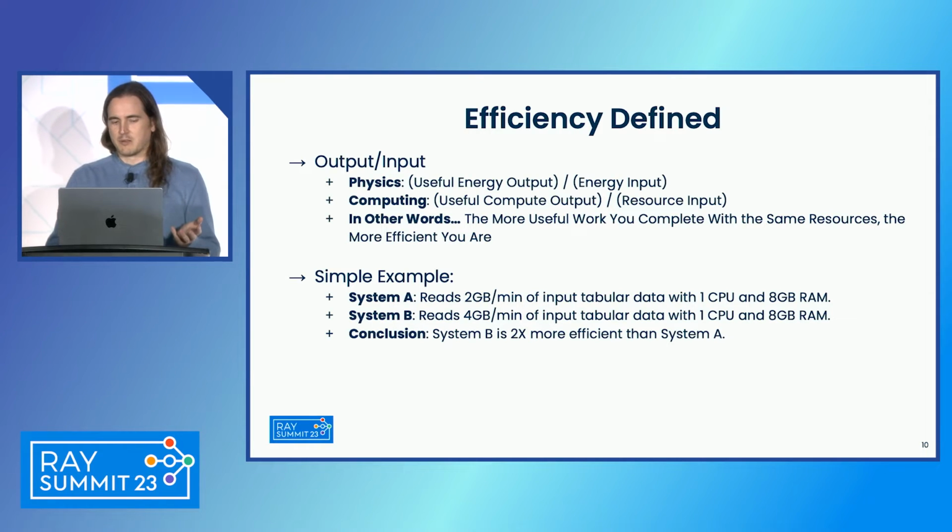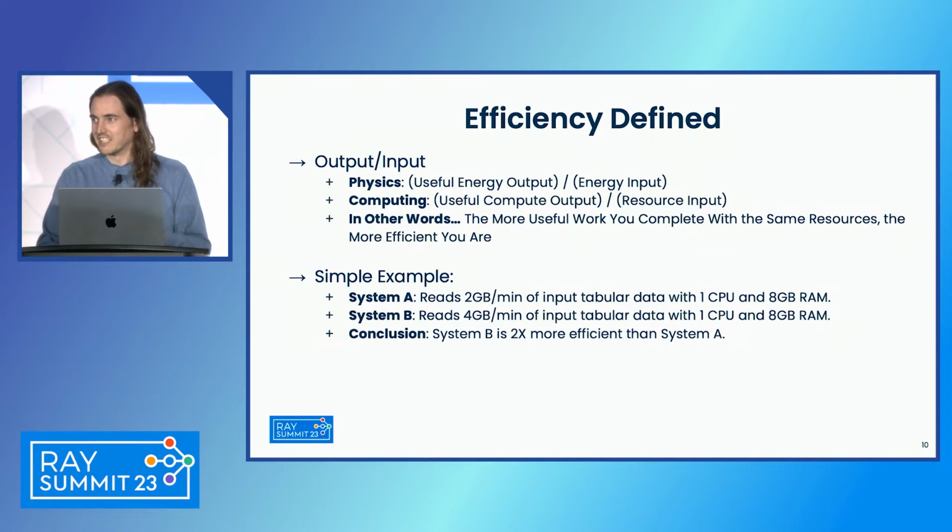So as a simple example, if you have two equivalent computers reading the same 2 gigabytes of data in 1 minute, if system A can do 2 gigabytes and system B can do 4 gigabytes a minute of input tabular data, we say system B is twice as efficient as system A, right? So pretty straightforward when we apply that to a very specific use case, all other variables being equal.